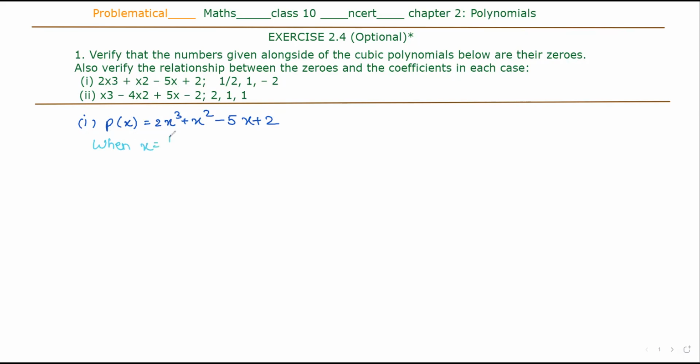When x is equal to 1 by 2, p of 1 by 2. You're calculating p of 1 by 2, which means everywhere in place of x, you're placing the numerical value 1 by 2.